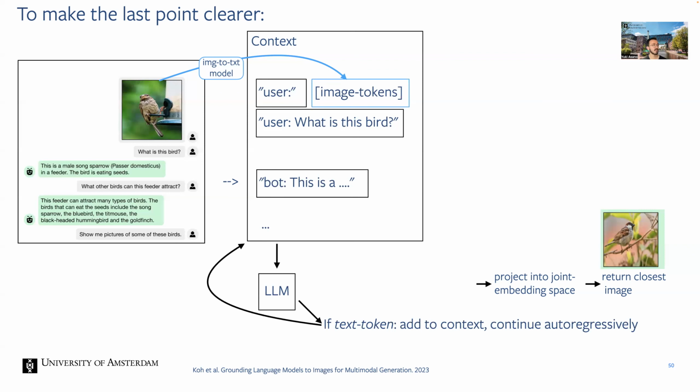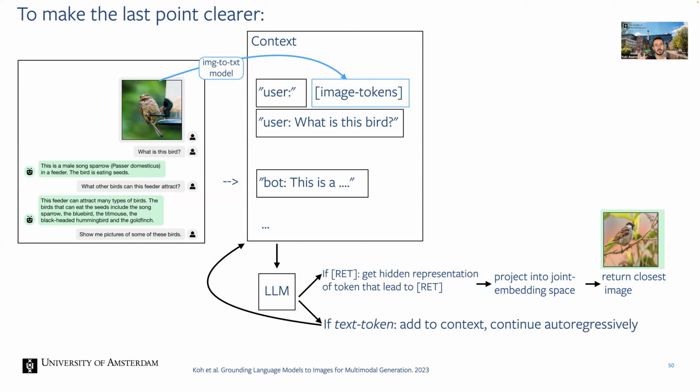If the language model predicts a text token next, we can add it to the context and keep generating some answers autoregressively. Now, if this language model predicts this red token, which it was trained to do at the end of a caption, because it's part of the dictionary, then we get the hidden representation that's just one layer before it returns the red token.